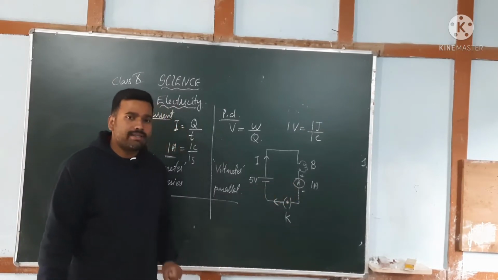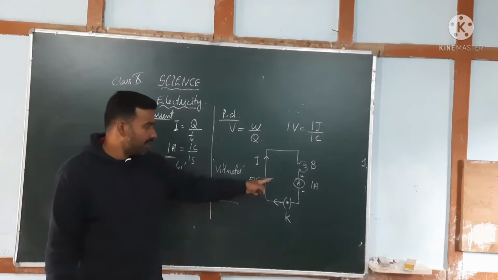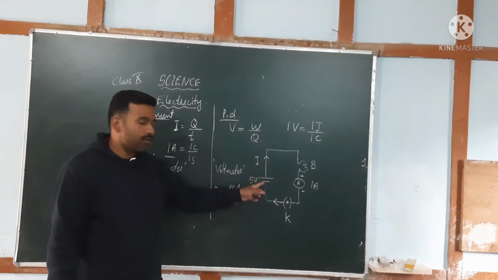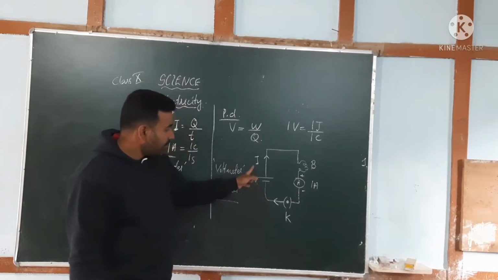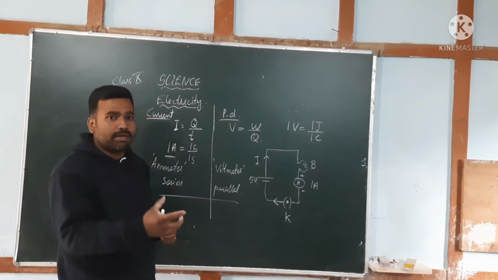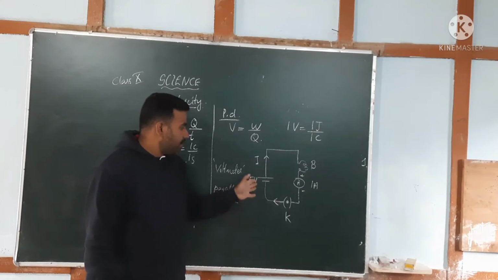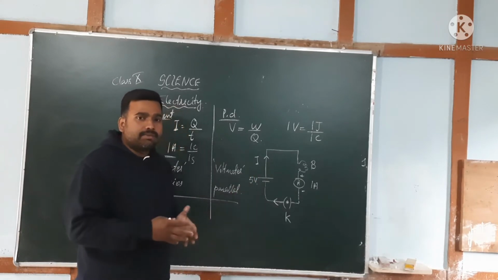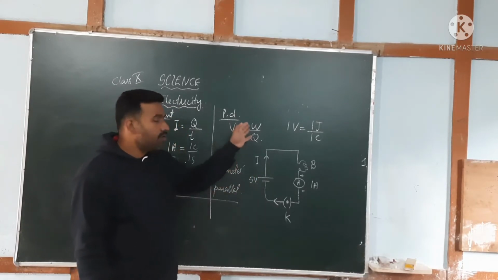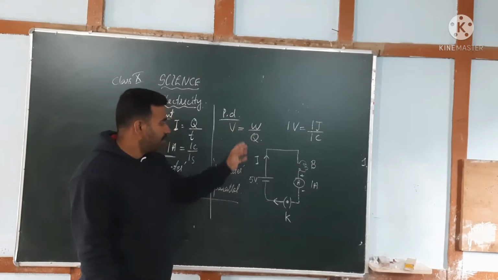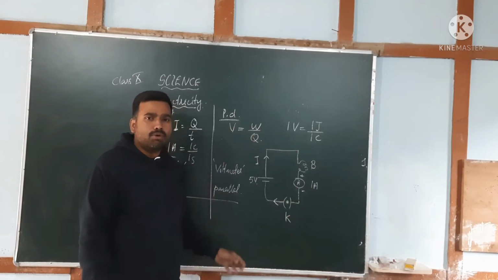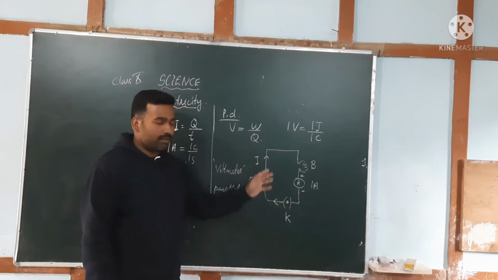So here I have drawn a simple electric circuit. Here you can see this is the circuit symbol that represents a cell or battery. A battery can give the potential difference. So what is potential difference? Potential difference is the amount of work to be done in order to make the charges move across a circuit.